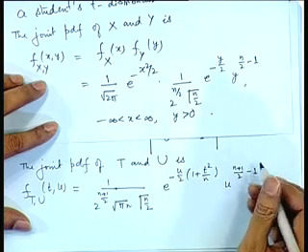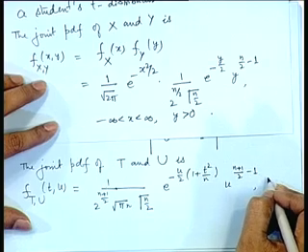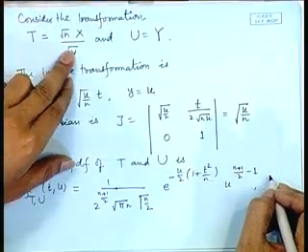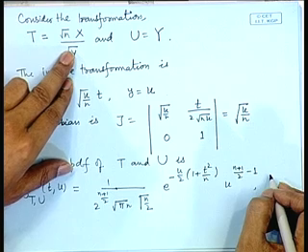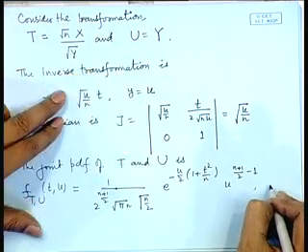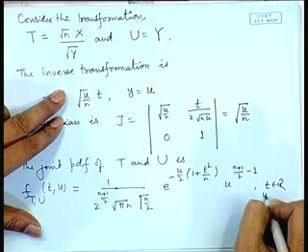So, this is after combining the coefficients. And another thing you observe here is that with this particular transformation, the range of t remains from minus infinity to infinity, and u is the chi-square variable. So, u is positive. So, t belongs to R and u is positive.